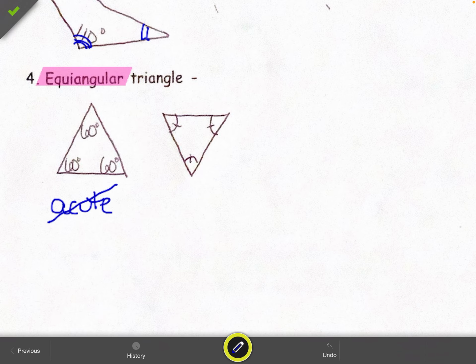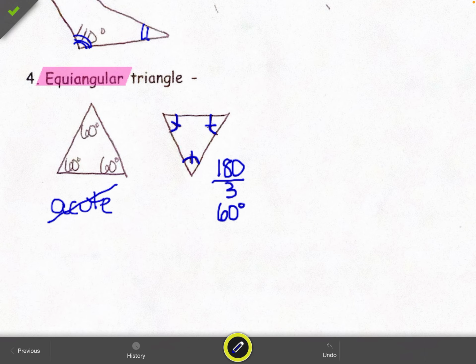If you look at the second picture, notice there's no numbers, but notice how they mark them. This angle has the same marking as this angle, which has the same marking as this angle. They are telling you that all of your angles are equal, and if all of my angles are equal, if you take the total, which is 180 that they have to add up to, and divide it by 3, then each angle has to be 60 degrees, just like the first picture.